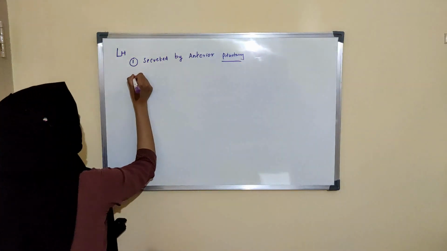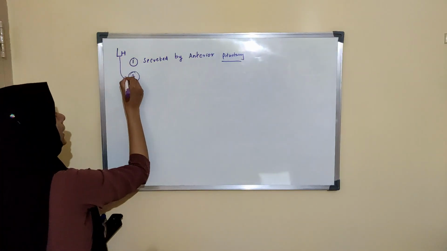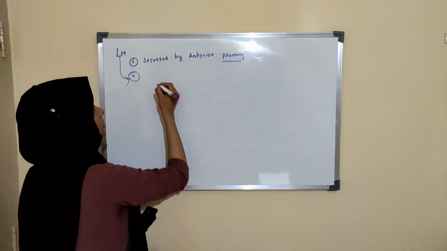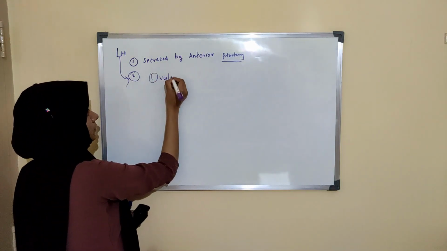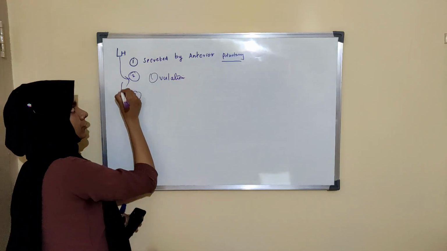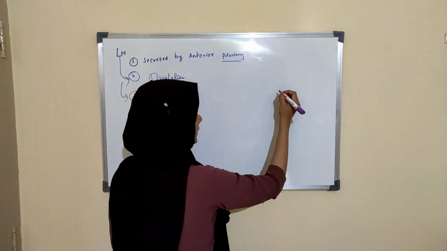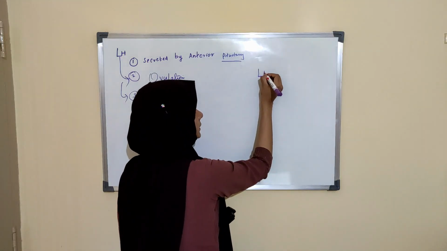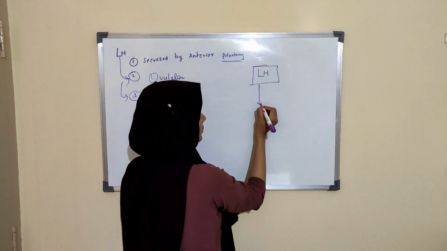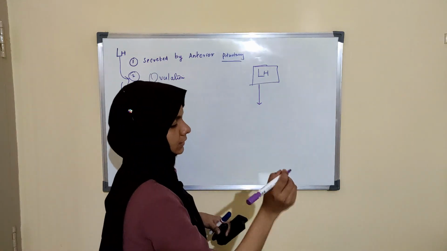Now what is the main function of luteinizing hormone? As you all know, it is ovulation. When we prepare for a competitive exam, something very important in the case of luteinizing hormone is the peak level.